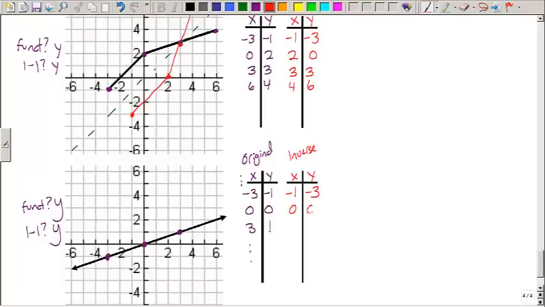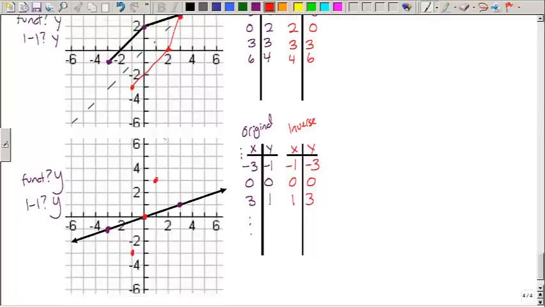Instead of (0, 0), I'm getting (0, 0). And instead of (3, 1), I'm going to plot (1, 3). When I plot these 3 points, I know that I need to connect them with a straight line with arrows because they do keep on going. I just grabbed 3 of the points. So I connect them with arrows.